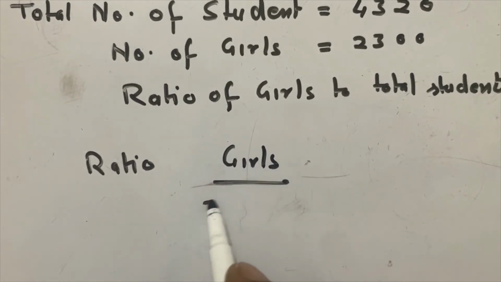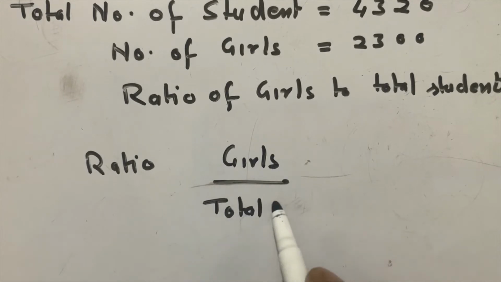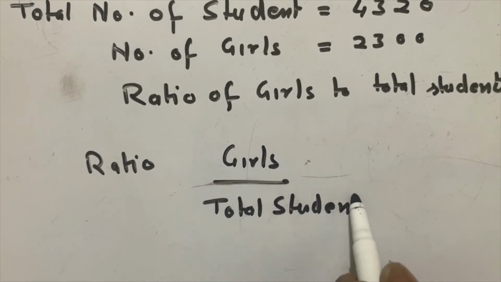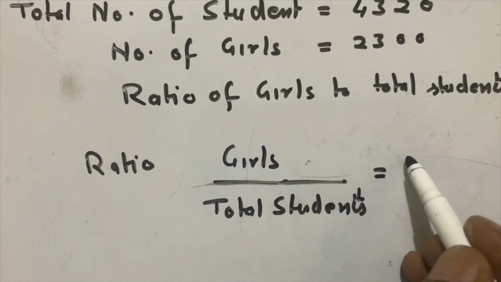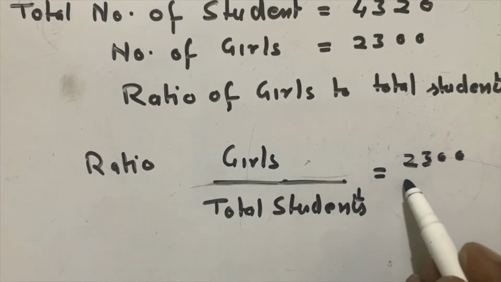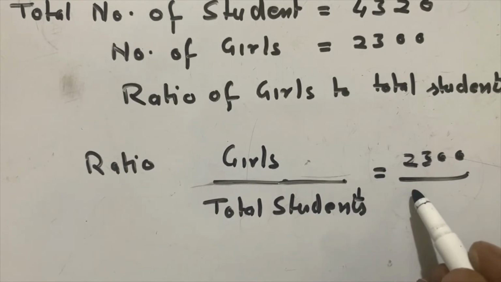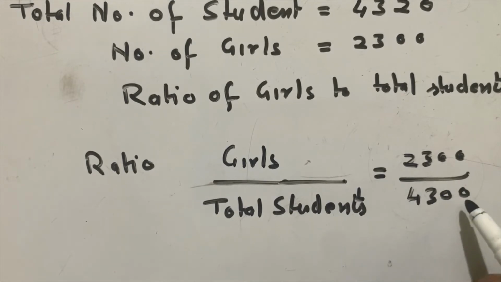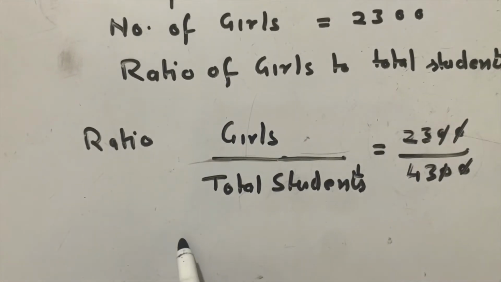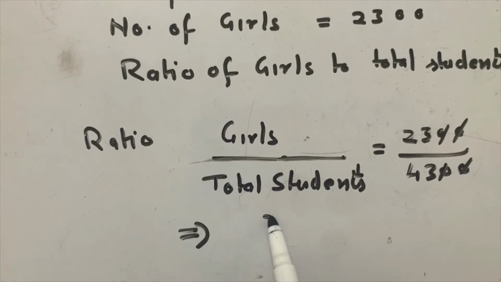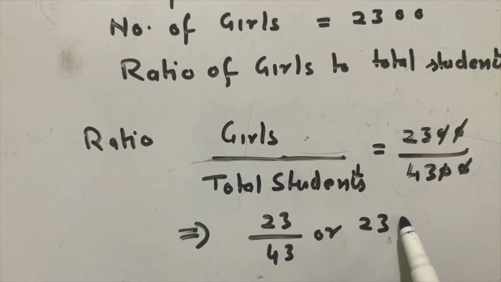Girls are given as 2300, and total students are 4300. Now we will cancel the zeros. We got the result 23 upon 43, or 23 is to 43.